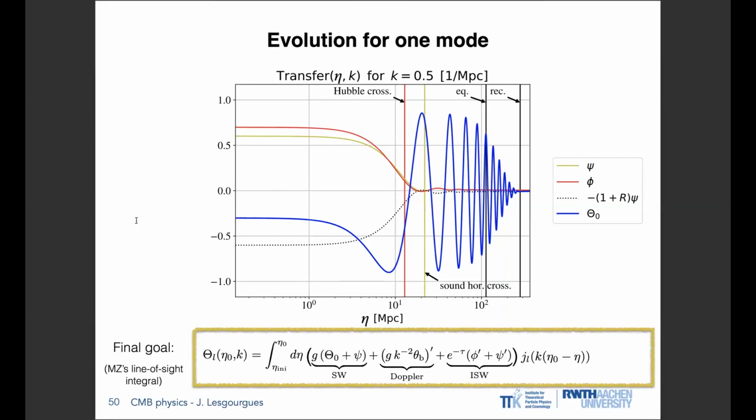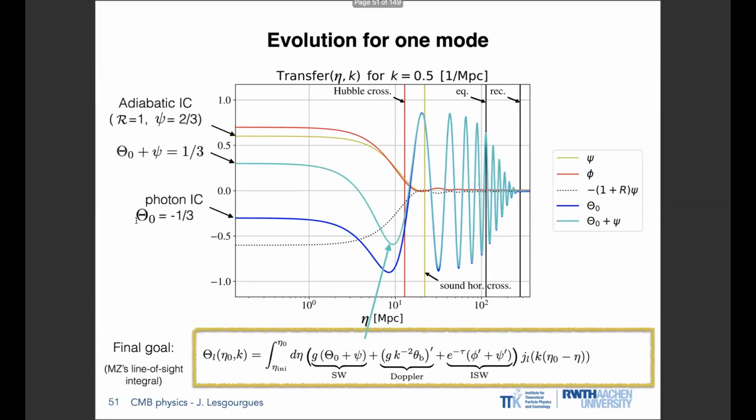At least we should try to see what happens to the parenthesis, which is theta 0 plus psi. But I have theta 0 and psi, so to plot the sum, well, it's easy. I just need to sum the two curves, and my initial condition will be minus 1/3 plus 2/3, so it's 1/3, and I can plot theta 0 plus psi in cyan.